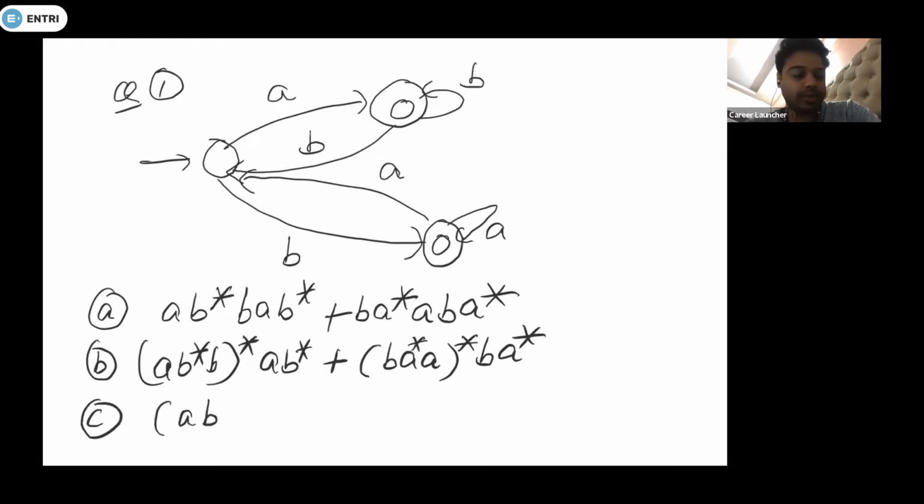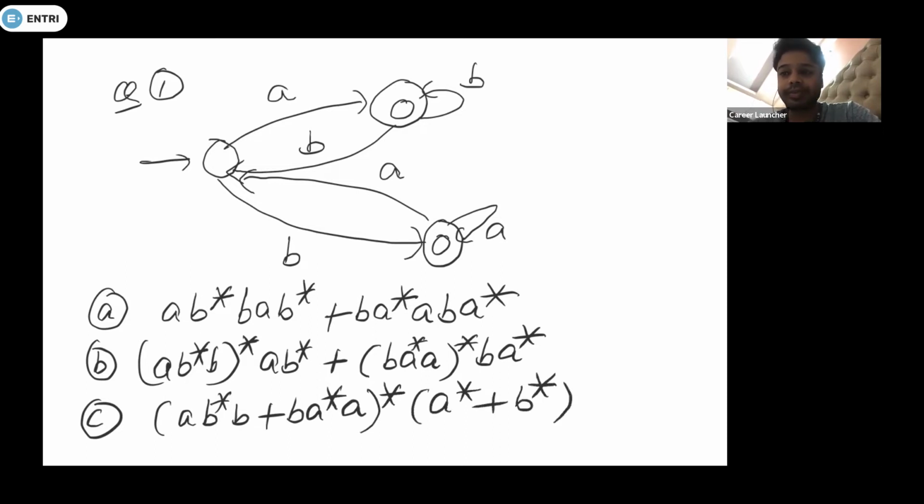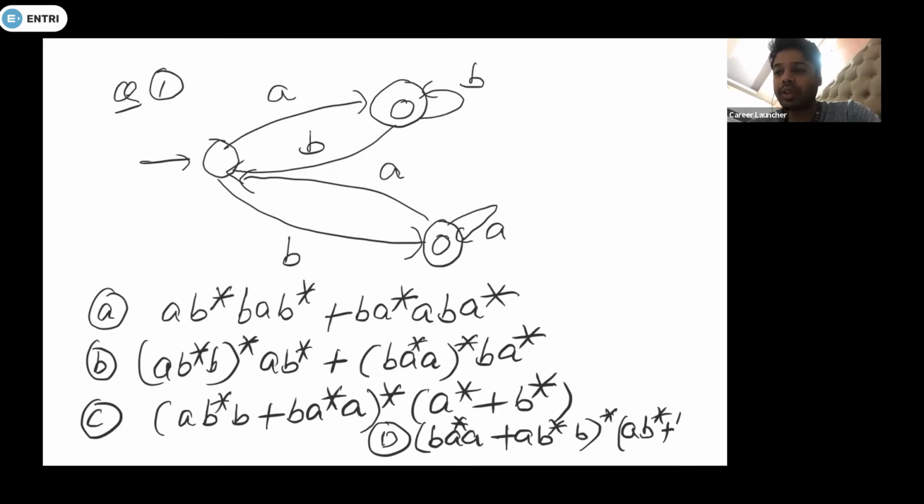C is a b star b plus b a star a whole star, a star plus b star. And D is b a, b a star a plus a b star b whole star, and a b star plus b a star.